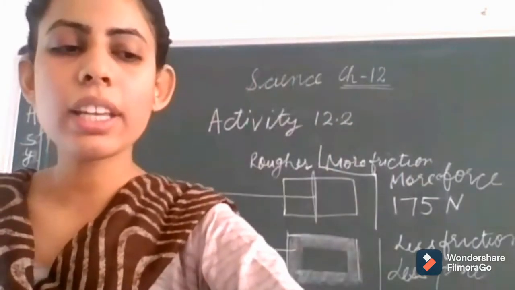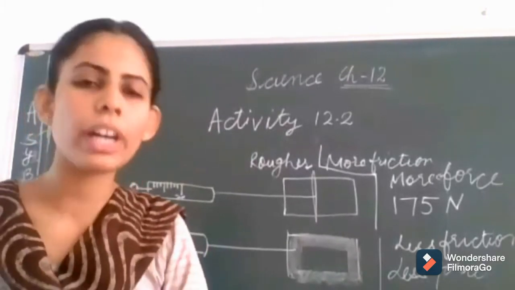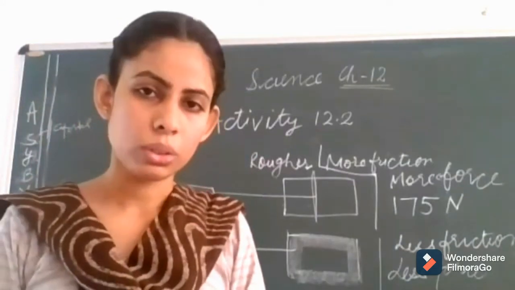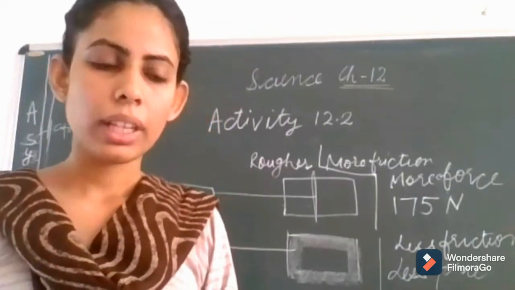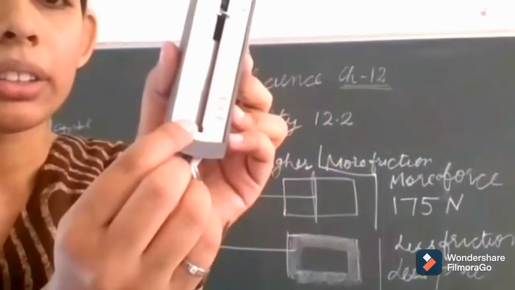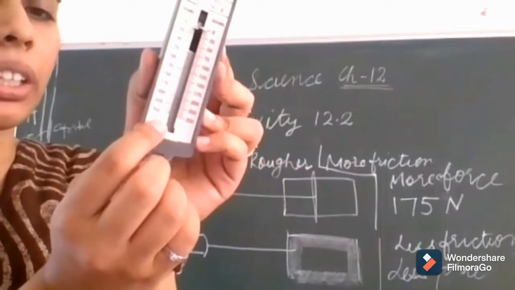So it is the use of the spring balance that you can measure the force, and you can measure the weight in grams also. Clear? It will measure up to only 250. After that we can't measure weight.